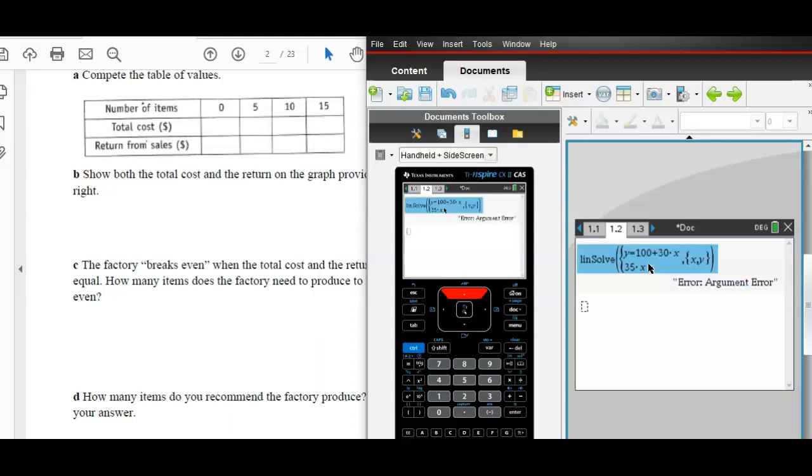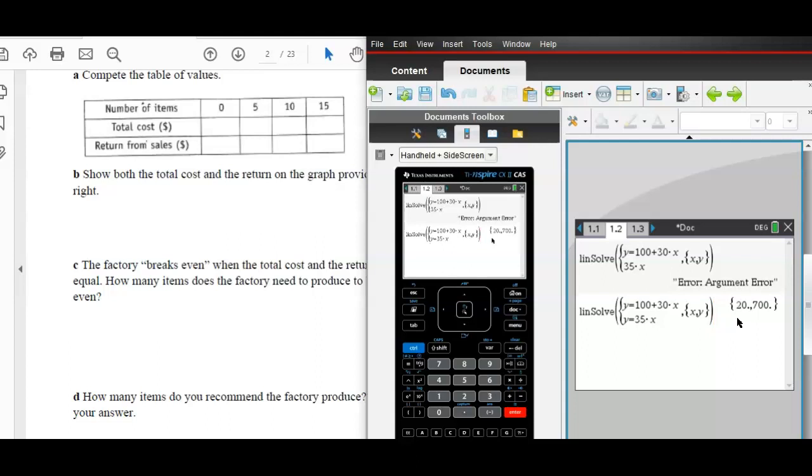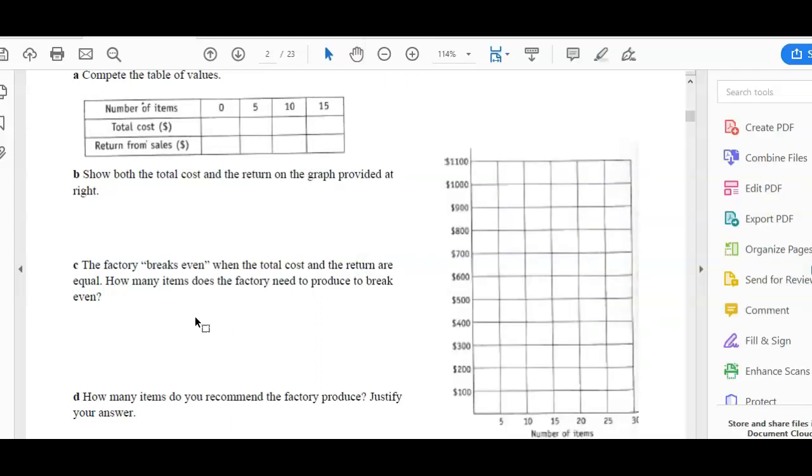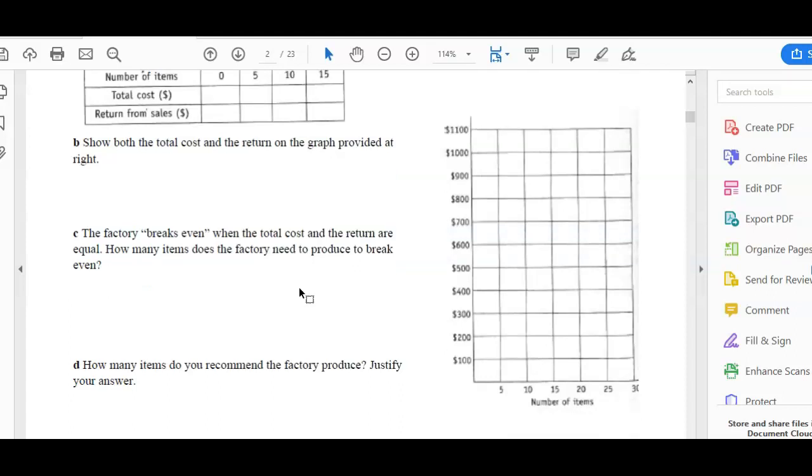You just highlight and press enter. And then press enter. So that means when we've sold 20 items, our break-even point is 700. So to answer this question, how many items does it need to produce to break even? It's 20. So at the point 20, 700, that's when the two lines will cross.